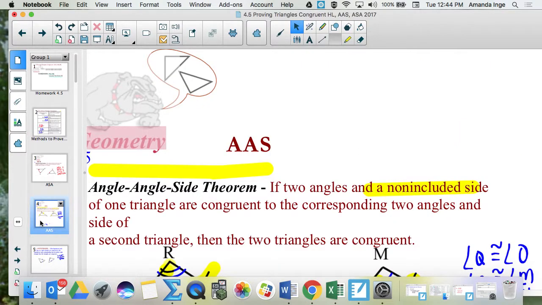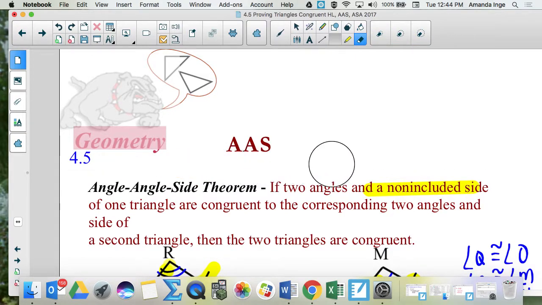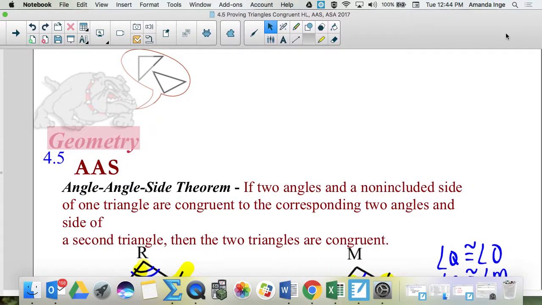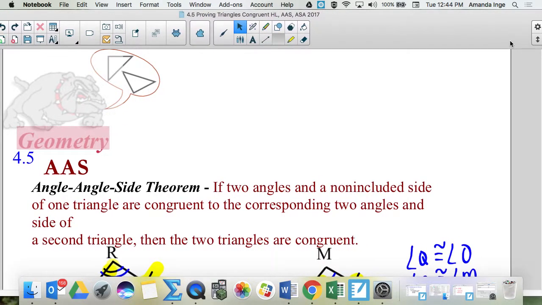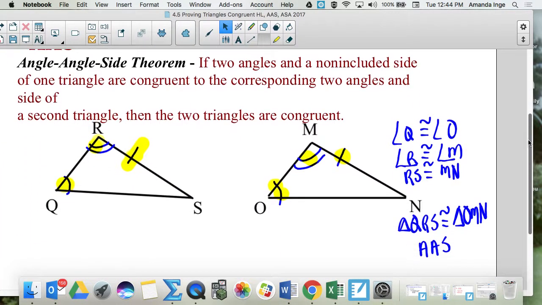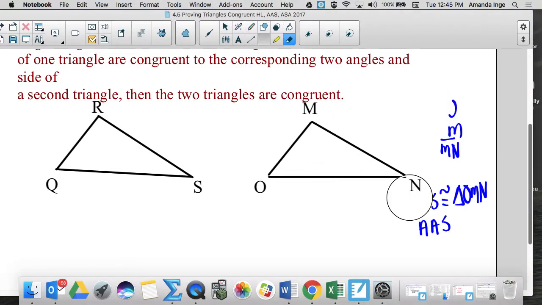So the next one is angle, angle, side, where you have 2 angles and a side that is not included. So if 2 angles and a non-included side are congruent to the corresponding angles and sides of a second triangle, then the two triangles are congruent. So up here, I have two triangles.